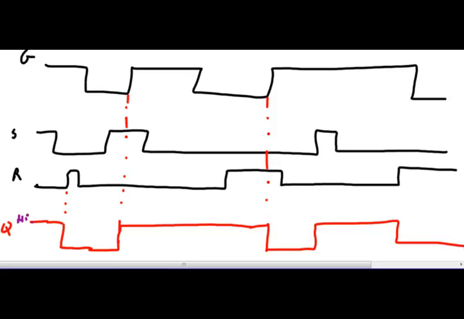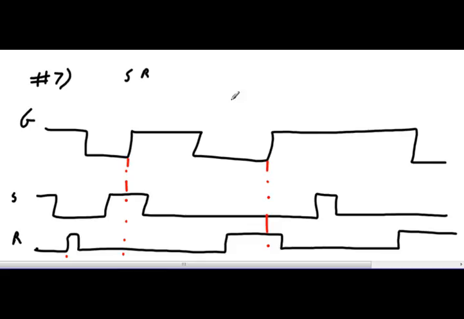And I had to draw all four of them. You guys only get to draw one because the other guys will be there. But it's a gated SR flip-flop. It will not change unless the gate's high. Now, I could give you a negative gated guy, in which case it'd go the other way.